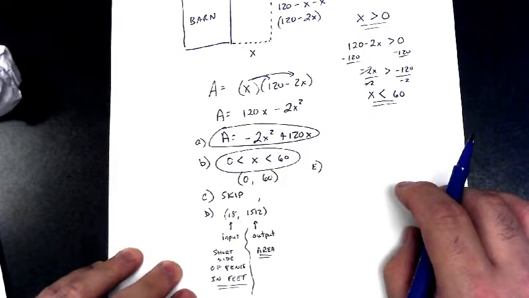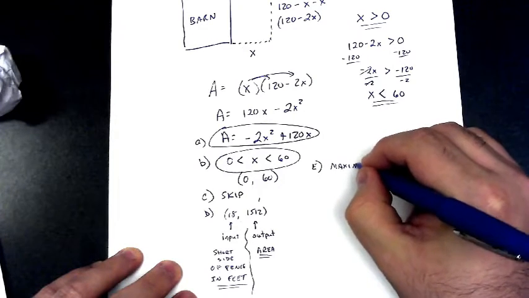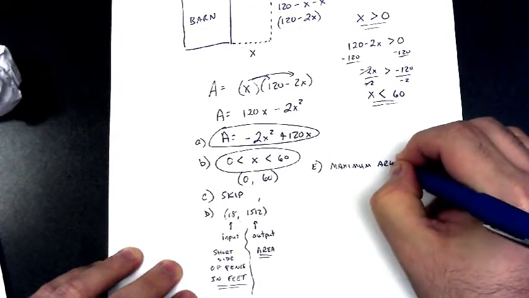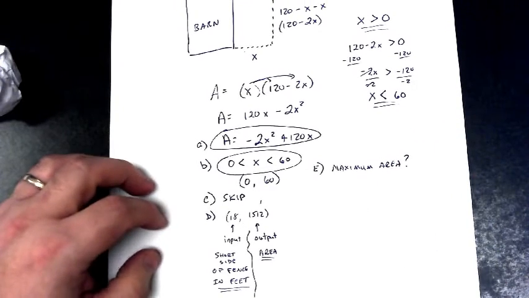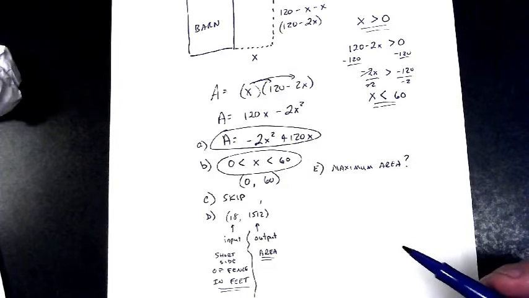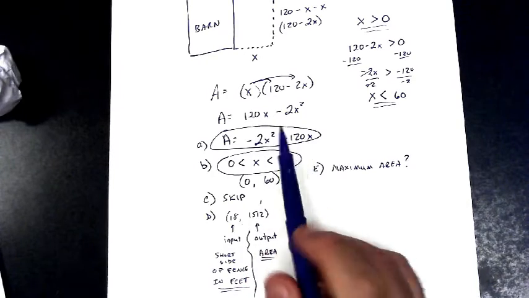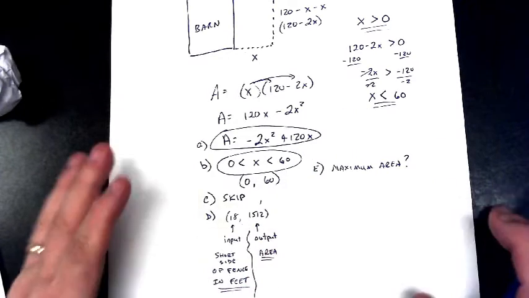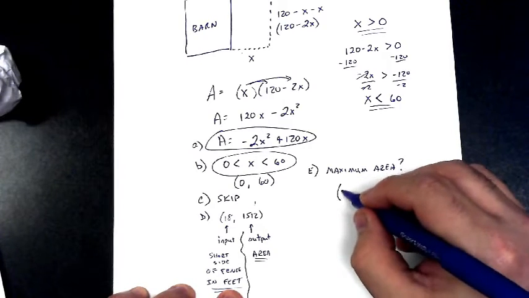And then for part E, when it asks for the maximum area, remember all of your maximums are always going to be found at the vertex for your quadratic function, and to find the appropriate x for your vertex, remember, is negative b divided by 2a.